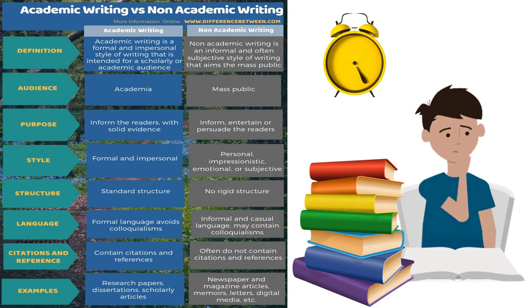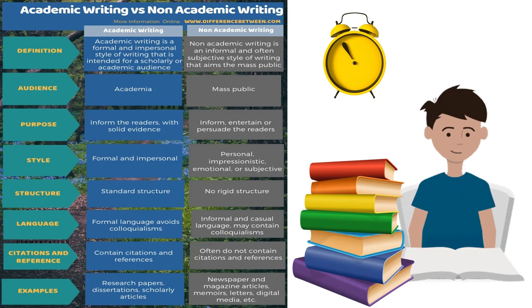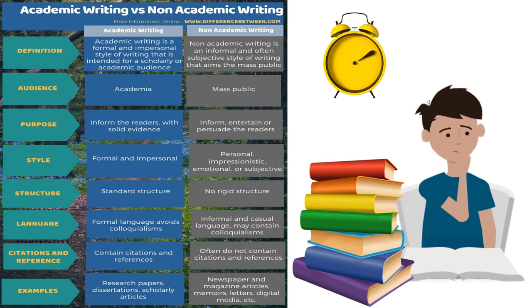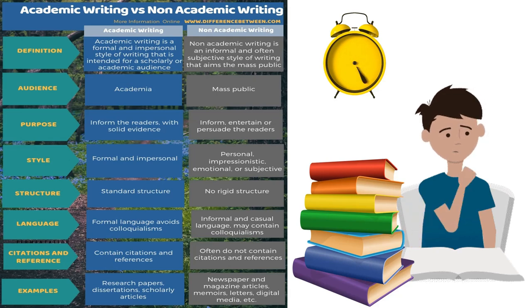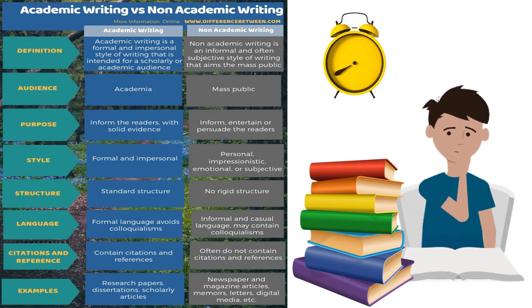Next, we have the style. For academic writing, this is formal and impersonal, while for non-academic writing, this is personal, impressionistic, emotional, or subjective. For the structure, academic writing has a standard structure, and non-academic writing has no rigid structure. For the language, academic writing uses formal language and avoids colloquialisms, while non-academic writing uses informal and casual language and may contain colloquialisms.